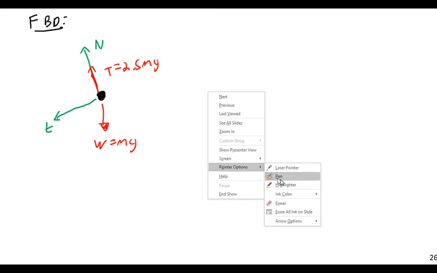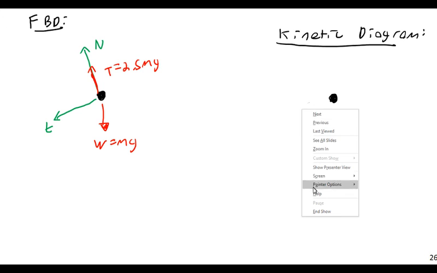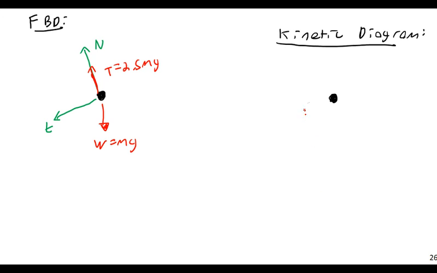Then I wish to also do a kinetic diagram. I will simply have m a_t and m a_n.